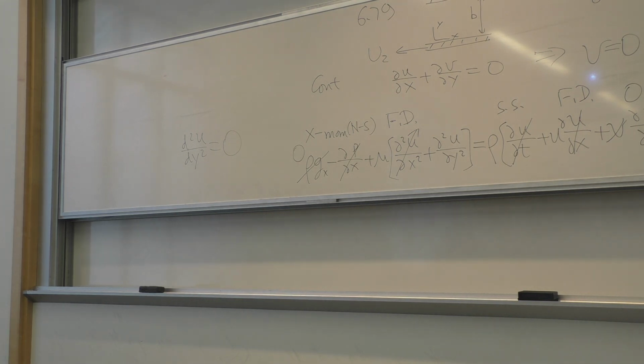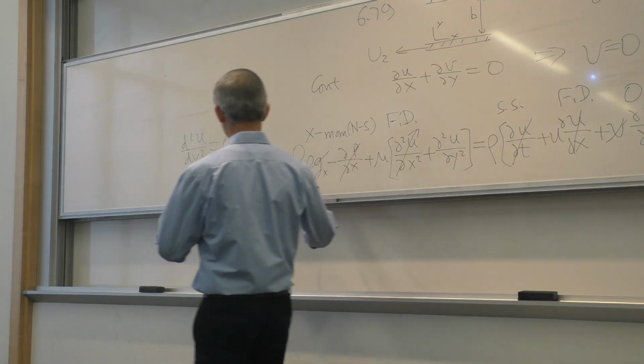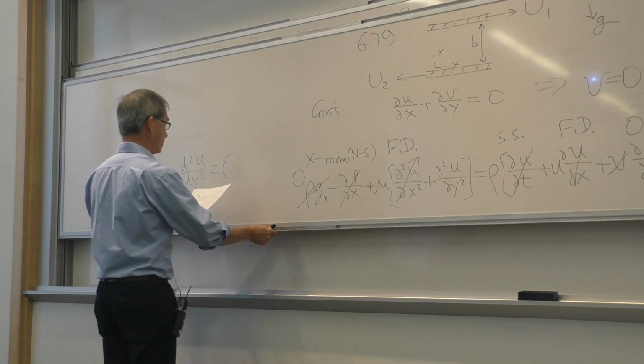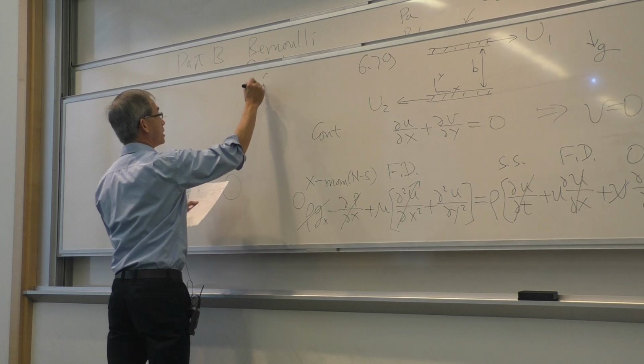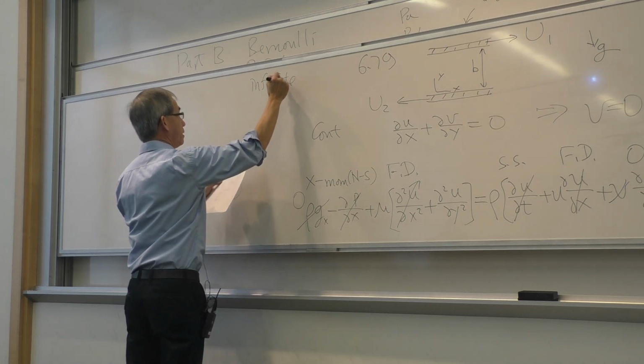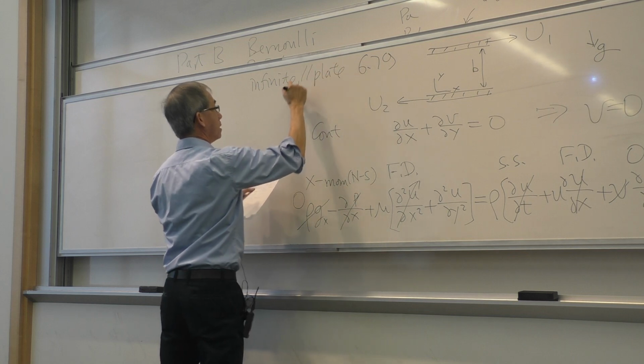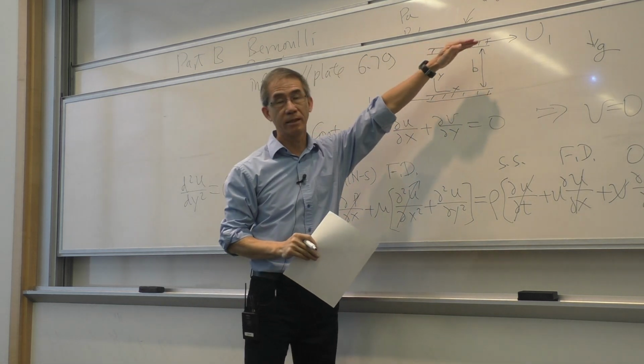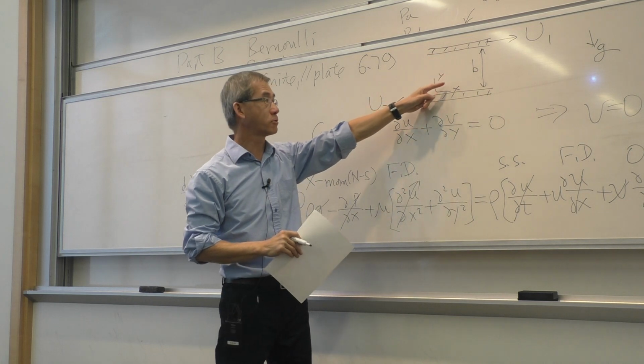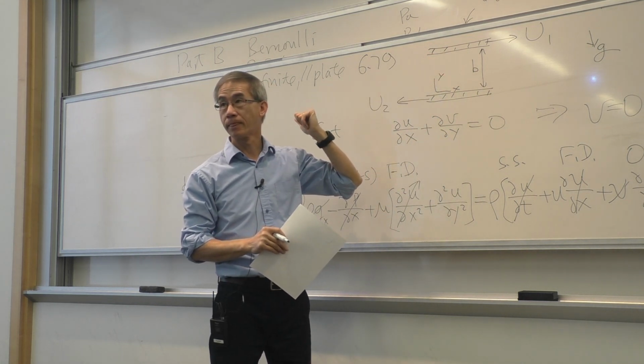Yes? From the problem statement, how do we determine that it's null? It's not clear. I think in the class lecture I told you, because it's infinite. The problem stated only this: infinite parallel plate, meaning it extends infinitely in the x direction and also infinitely in the z direction.